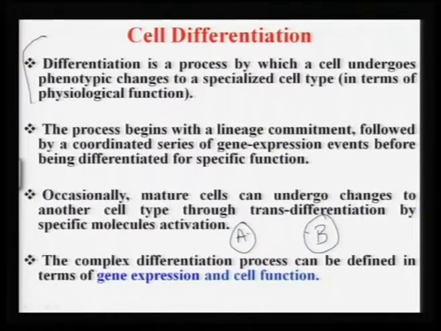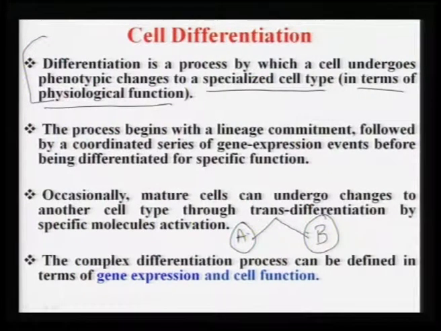So, the first thing is the definition. What is the definition? Differentiation is a process by which a cell undergoes phenotypic changes to a specialist cell type in terms of physiological function. So, if two cells are differentiated, that means A has a different physiological function than B. Why can they perform two different physiological functions?